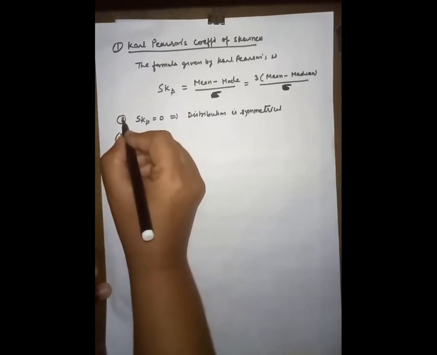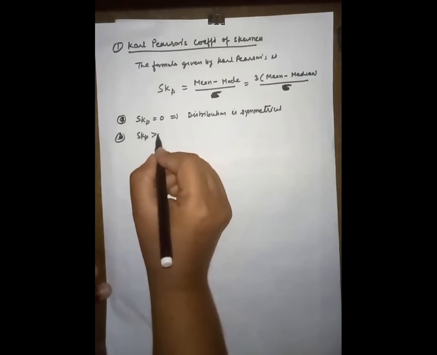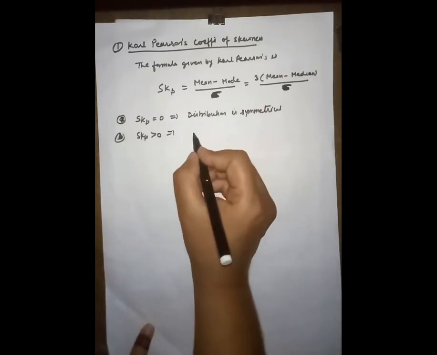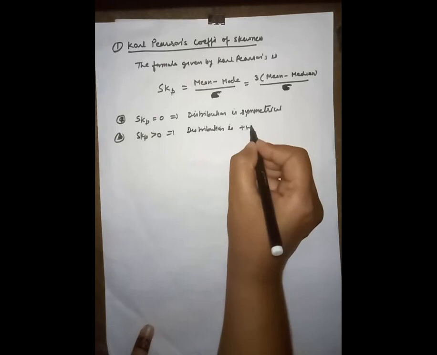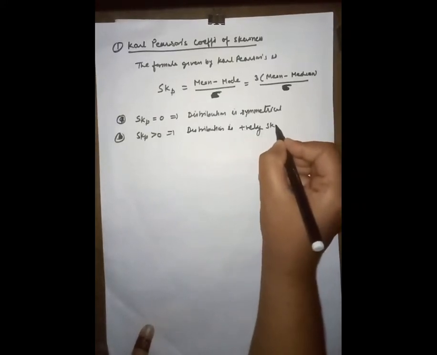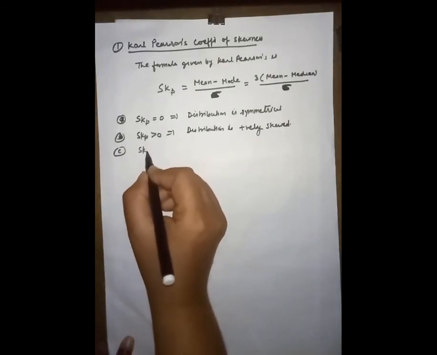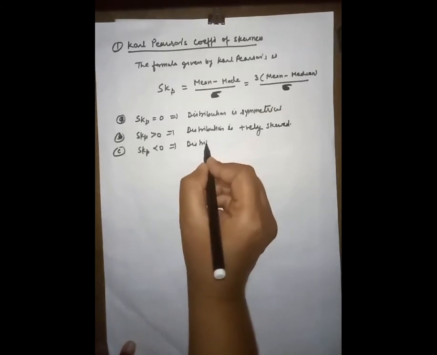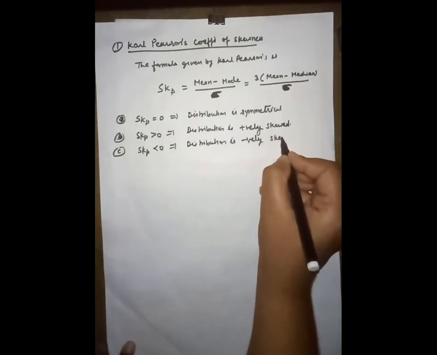And if SKP is greater than 0, it means the distribution is positively skewed, right? And if SKP is less than 0, then the distribution is negatively skewed, right friend?